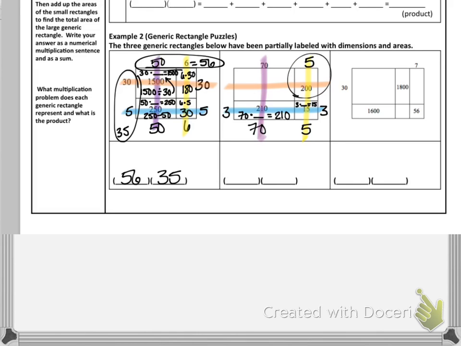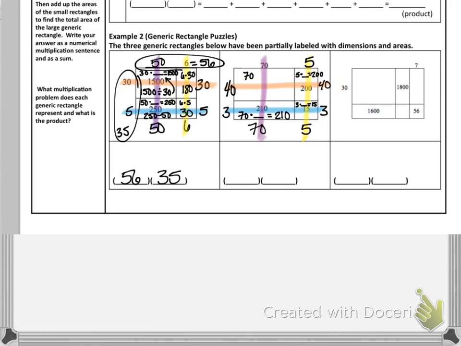Now I have 2 values in my upper right-hand corner. 5 times something has to be 200. Again, we're going to use our inverse. 200 divided by 5 will give me 40. Since I have 40 on my orange line, I can transfer that. And for the final box, I have the 2 outside values.